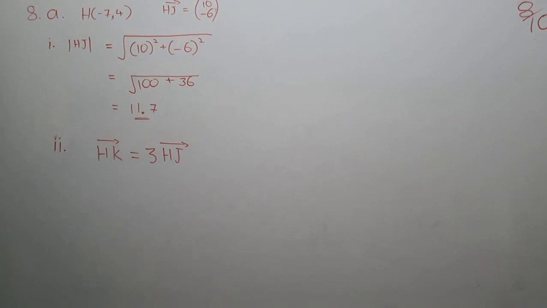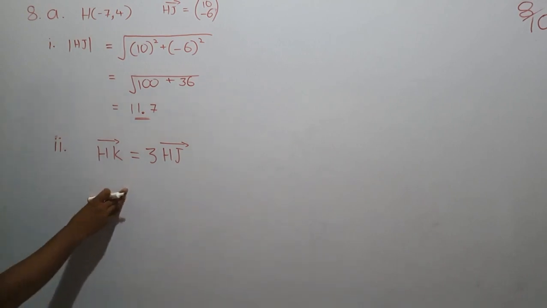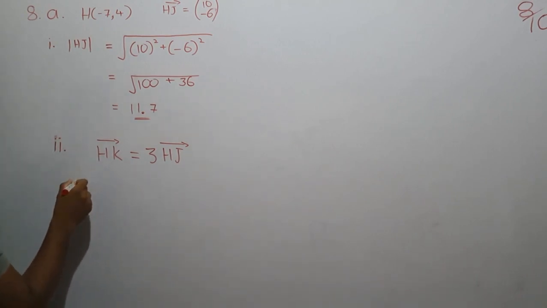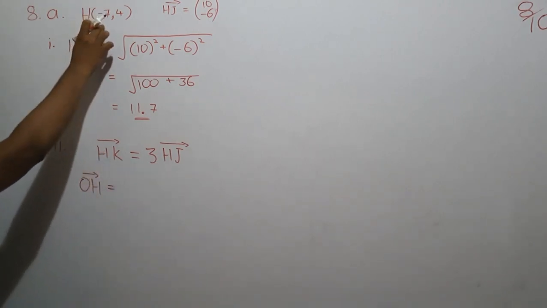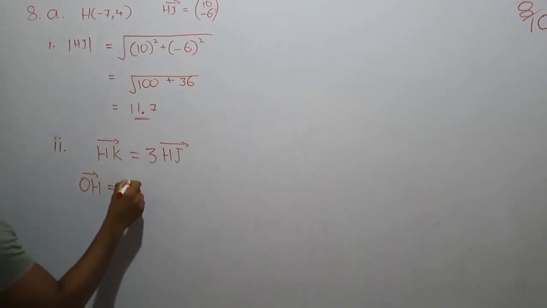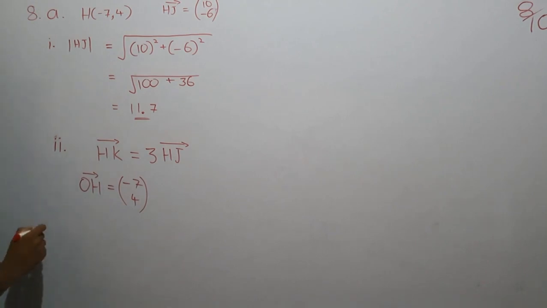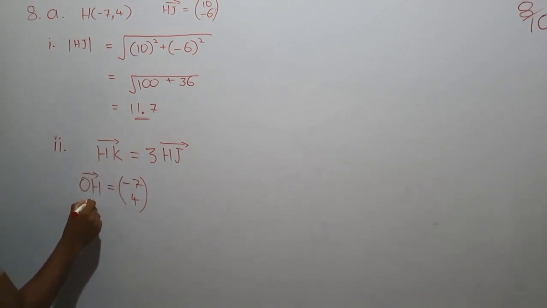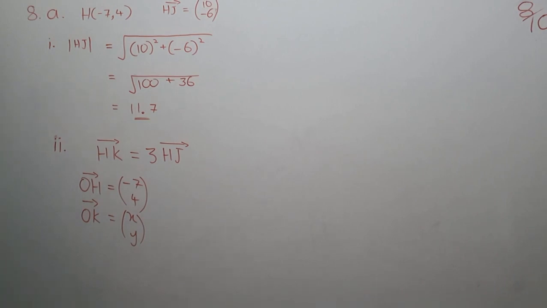So now to calculate HK, now what is OH? OH is -7 and 4. So to calculate OK, we don't know the K point, so we'll take it as x and y.